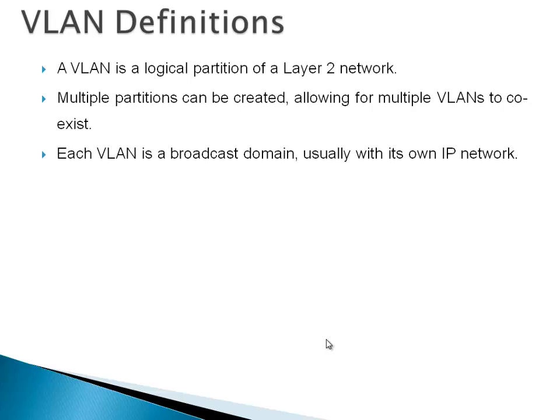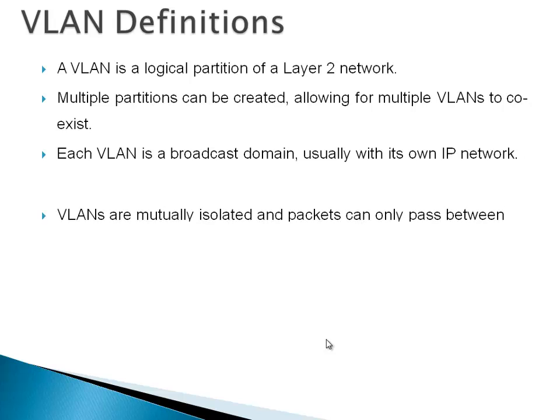Each VLAN is a broadcast domain, usually with its own IP address. Like we said, if we send a broadcast message, only the PCs that belong to that VLAN will hear that broadcast message. We sent the broadcast message from the blue VLAN, only the PCs on the blue VLAN heard that broadcast message. The red VLAN and the green VLAN didn't hear that message.